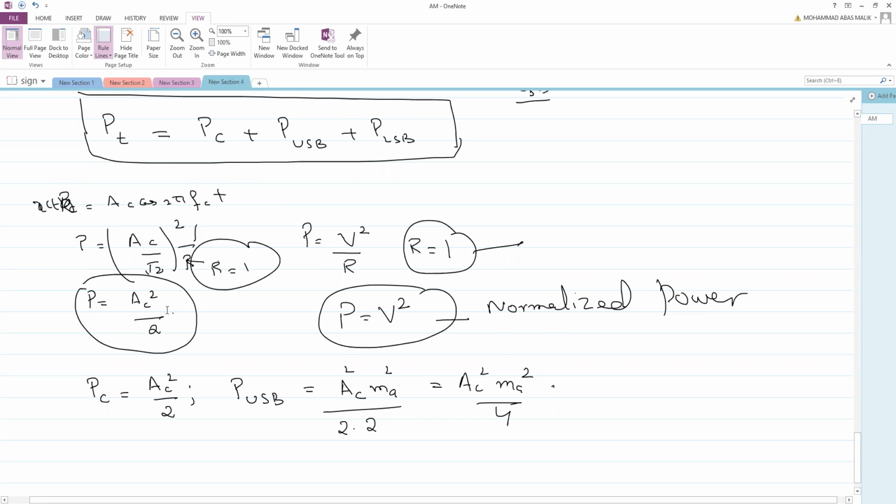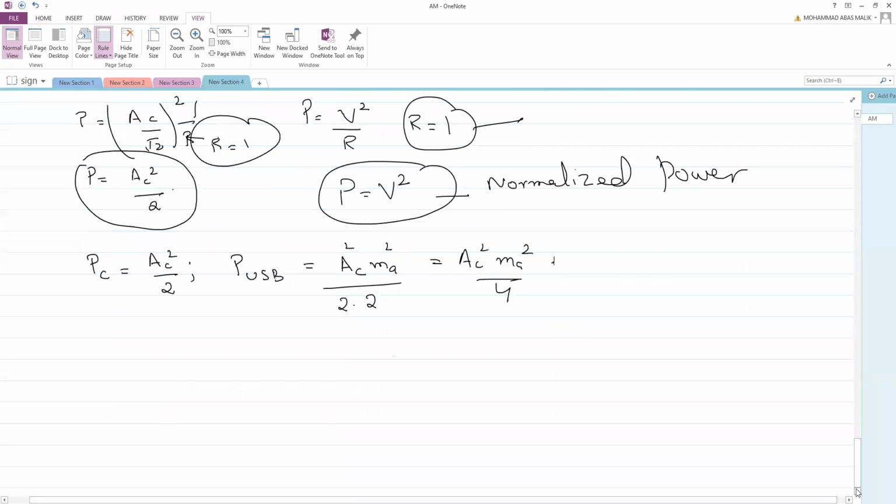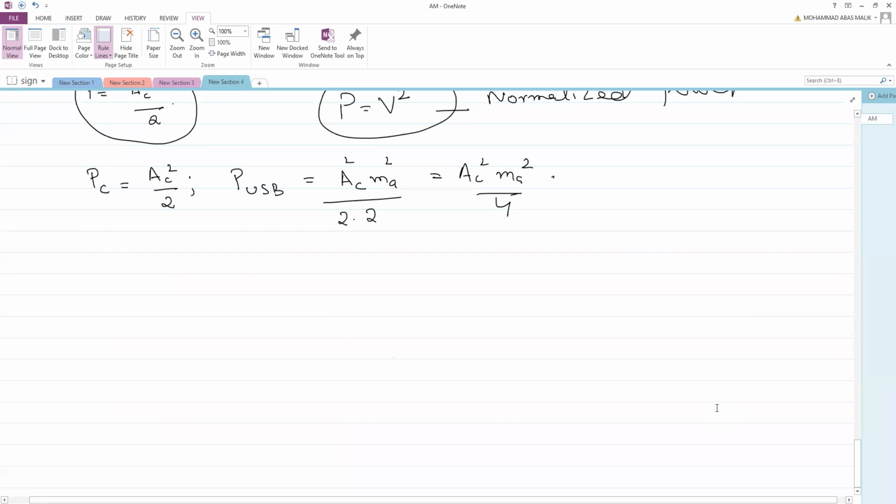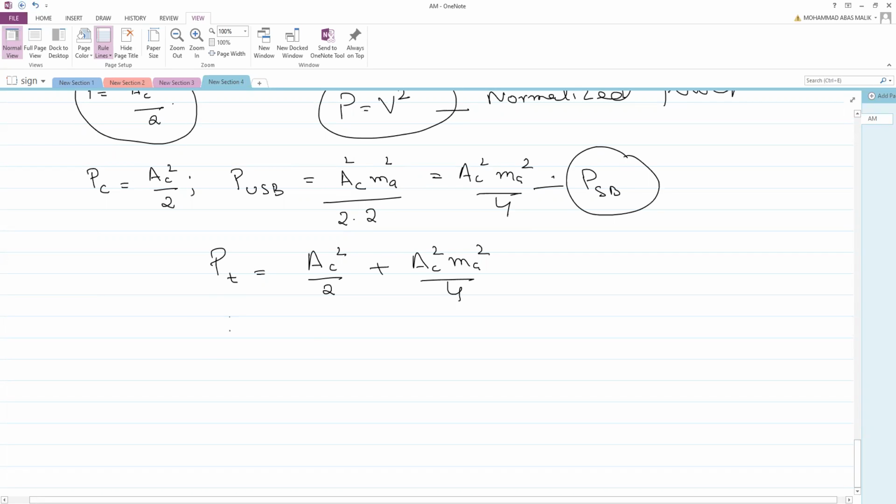So the final value which you can put in the above equation: PT is always equal to Ac²/2 plus Ac² ma²/4, because this is the total sideband power. So finally PT is equal to, you can take Ac²/2 common, then you will get 1 plus ma²/2.